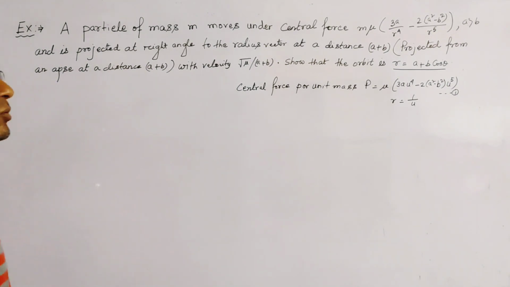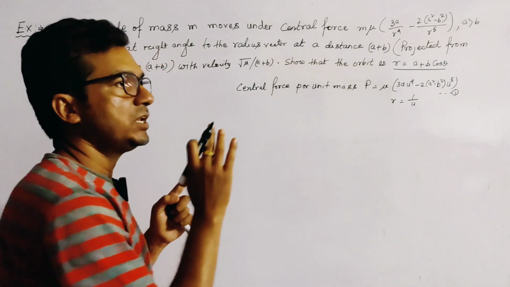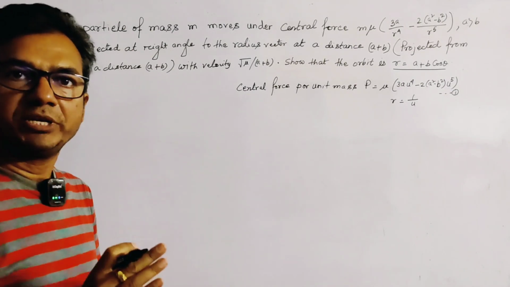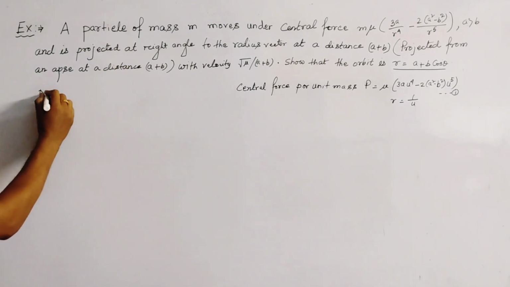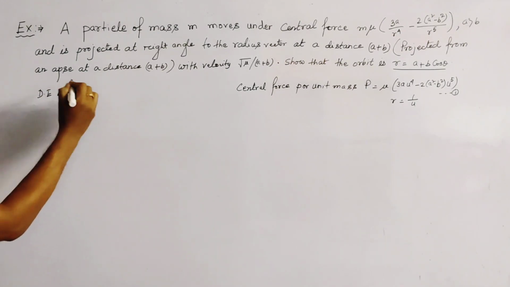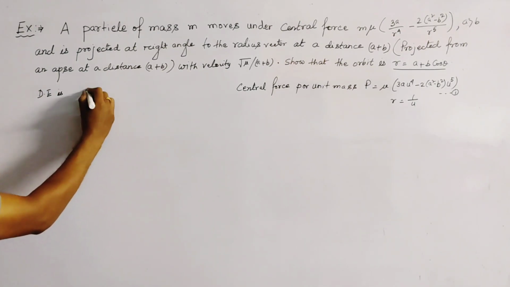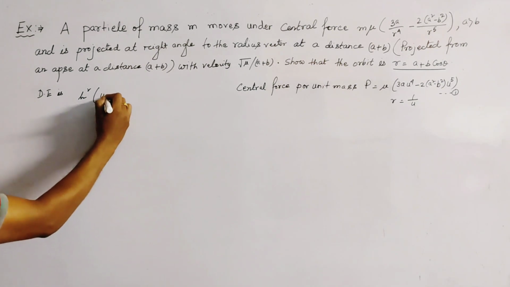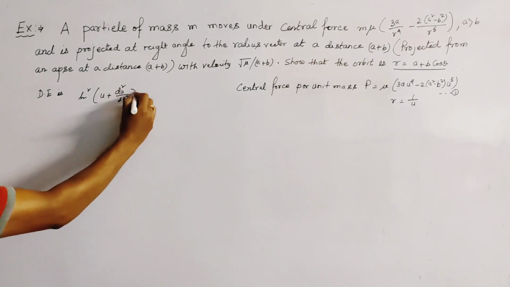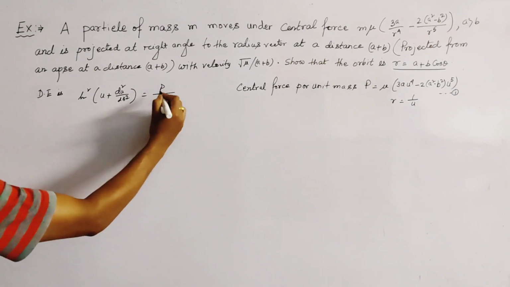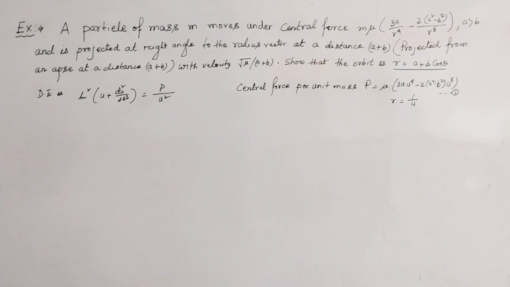Now we write the differential equation of central orbit in polar form. The differential equation is h square into u plus d2u by d theta 2 equal to capital P by u square.